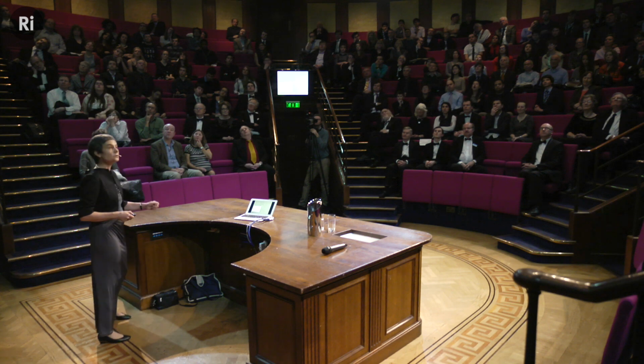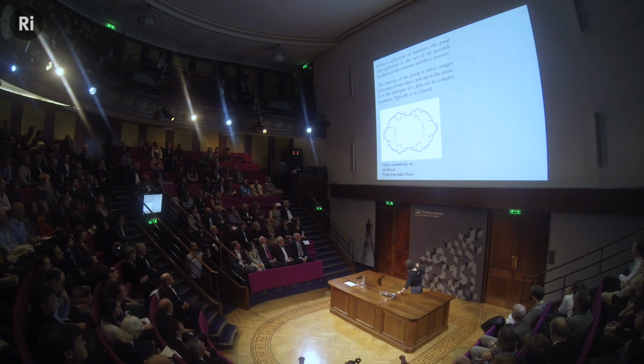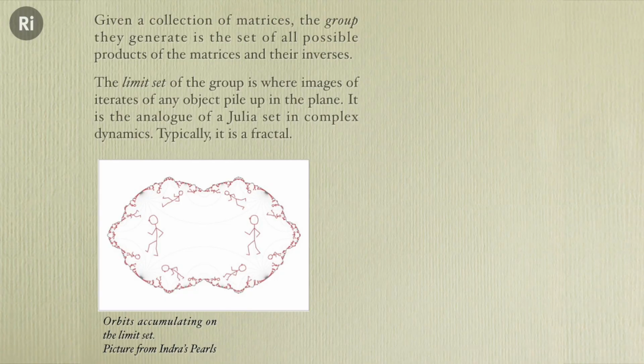Instead of there being just two fixed points, a source and a sink, there are a whole countable number of sources and sinks, and you can see his images get smaller and smaller, but they go all the way around the edge of this thing, and this is called the limit set of this collection of matrices.